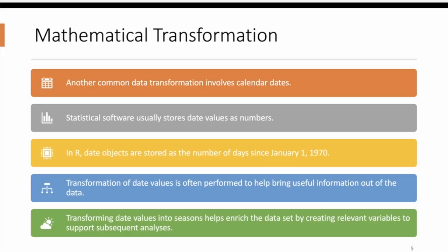For instance, a retail company might convert customers' birthdays into ages. We talked about this. We need the ages, not the birth date. Sometimes transforming date values into seasons helps enrich the data set by creating relevant variables to support subsequent analysis.